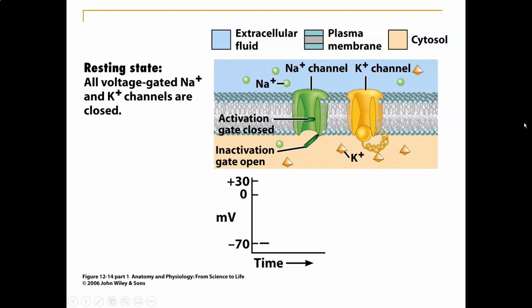And also, I digress here for a moment, but while we're looking at this picture, remember that proteins can be highly specific. So sodium goes through the sodium gates, but potassium doesn't, and same with the potassium gates. Potassium ions can go through there, but not sodium ions. So this allows for great specificity here.